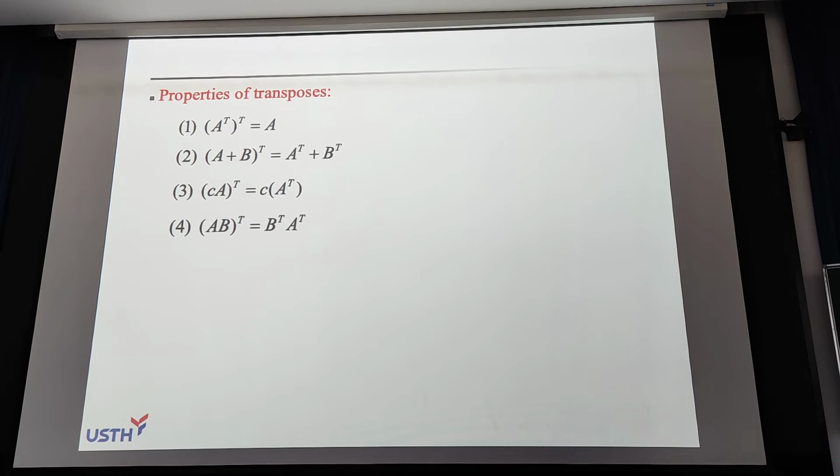On the left hand side, A goes before B, but on the right hand side, B goes before A. You can verify it by the sizes of A and B. I give it to you as homework, as an exercise to verify it. It's very easy.